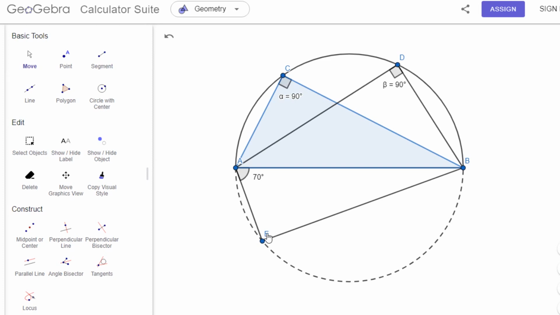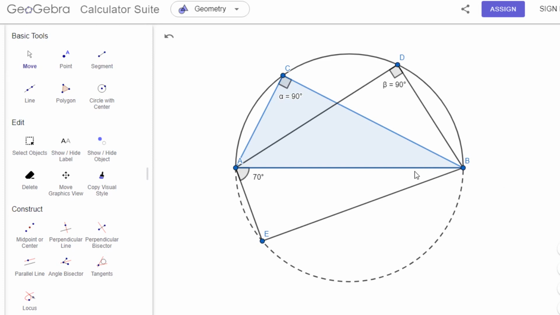So what is 70 plus 90? 70 plus 90 is equal to 160. So all we have to do is take this sum that we have found to be 160, and subtract it from 180, and that will be 20.